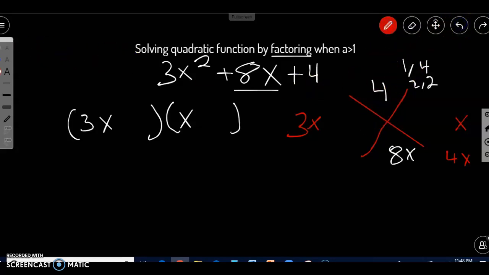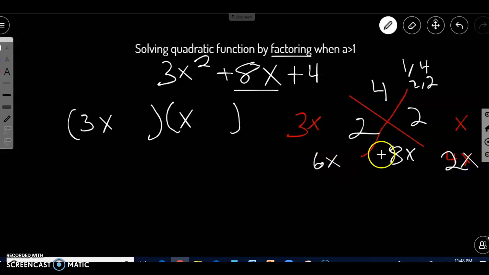So let's use the 2 and 2. We position 2 here, we position 2 here. Now 3x times 2 will give us 6x, and 2 times x will give us a 2x here.